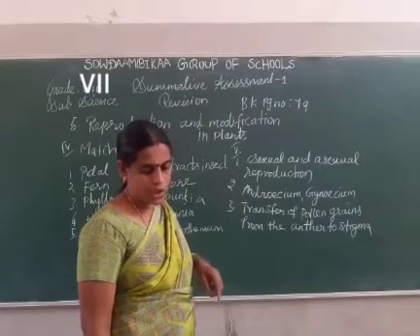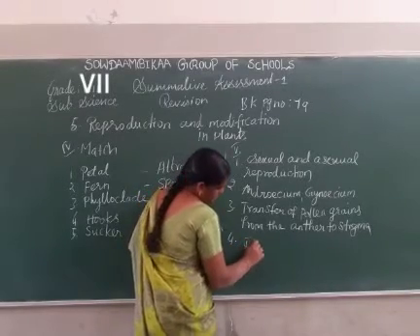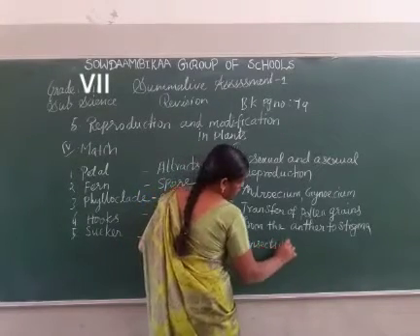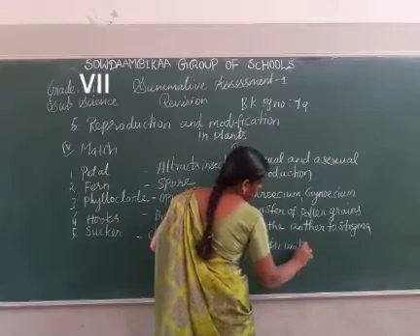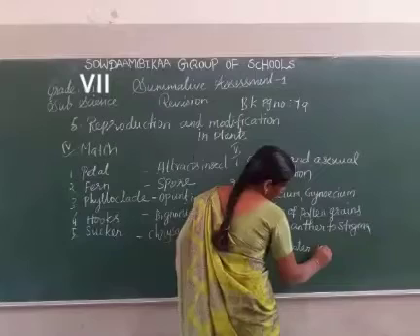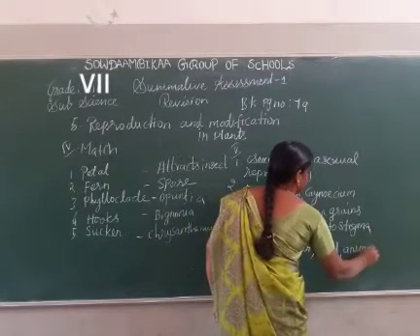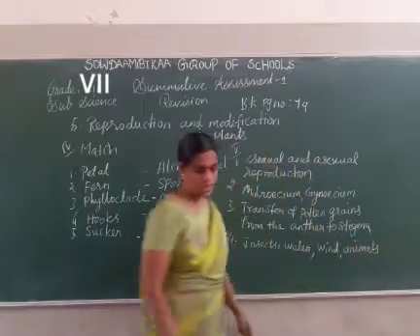What are the agents of pollination? Insects, water, air, wind, animals. These are the agents of pollination.